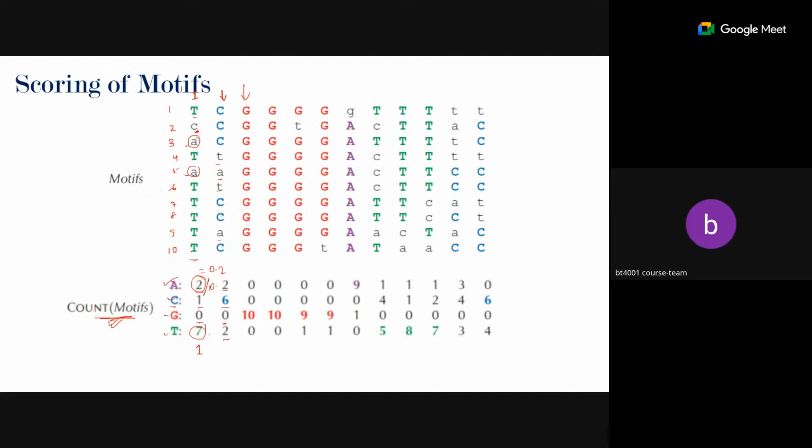Similarly, for C, C is occurring once at position number 1. Out of the 10 different values that can be there, C occurs exactly one time.